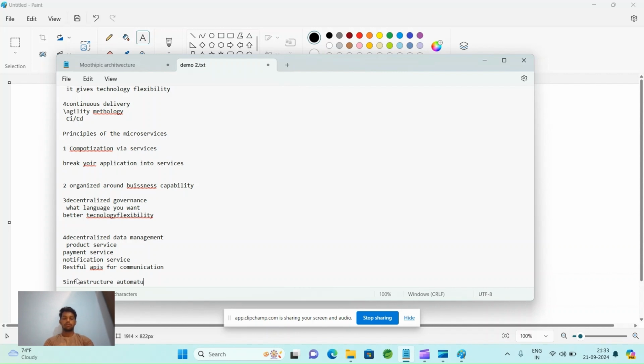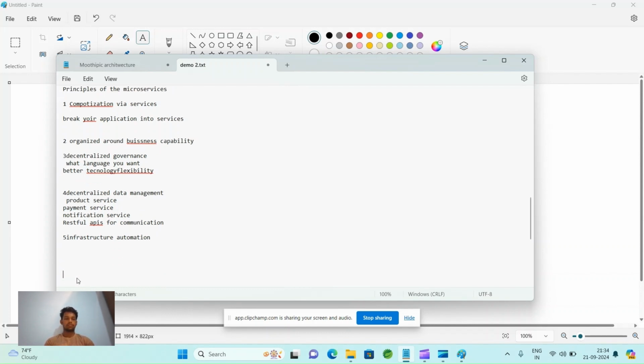Infrastructure automation. If you develop one service, you have to do all deployment tasks manually: planning, integration, and development.